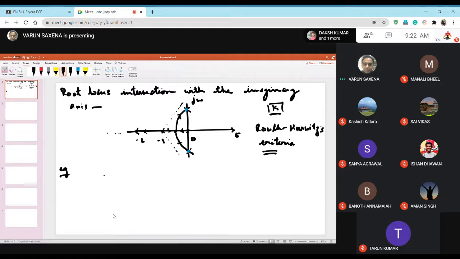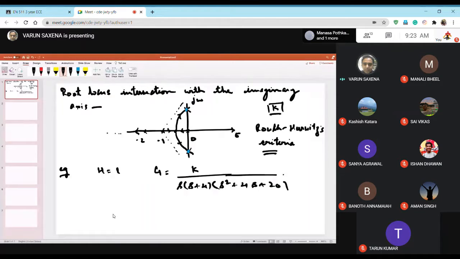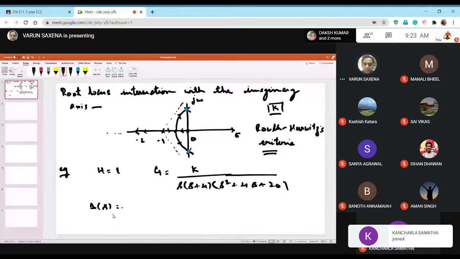So let's say that you are given a unity feedback system. H is 1 and G is K over S, S plus 4, S square plus 4S plus 20. Okay, so you have your characteristic equation as this, which is basically 1 plus G equal to 0.